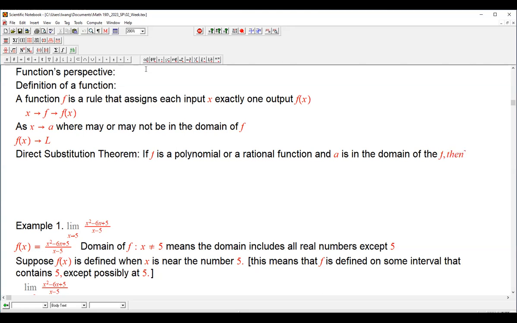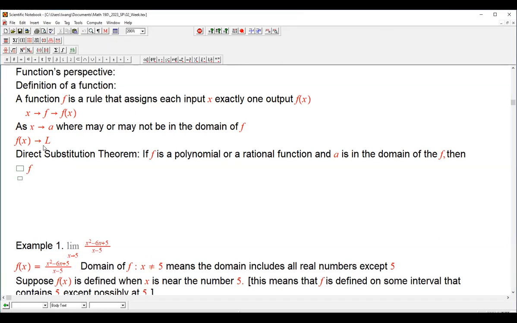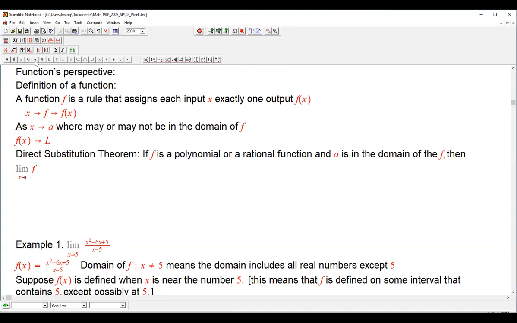Then the limit of f of x as x approaches a. In this theorem, a must be in the domain of f. You need to know the difference. A is just a placeholder. Remember, A is a placeholder.